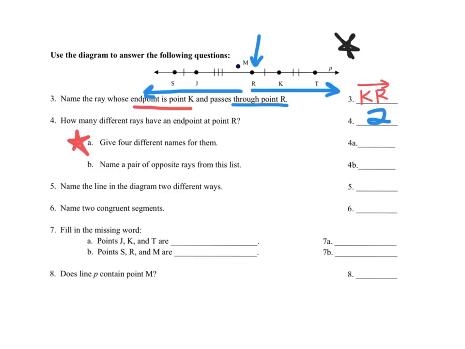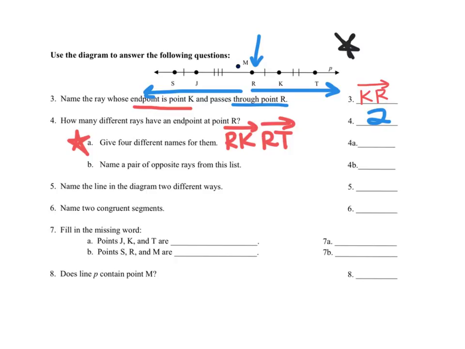So I'm going to write this over here. As long as I'm starting with the point R, I could write any other letter that's on the line. So the one going to the right, I could say RK, or I could say RT. Those are the same rays, starting at R and going forever to the right.